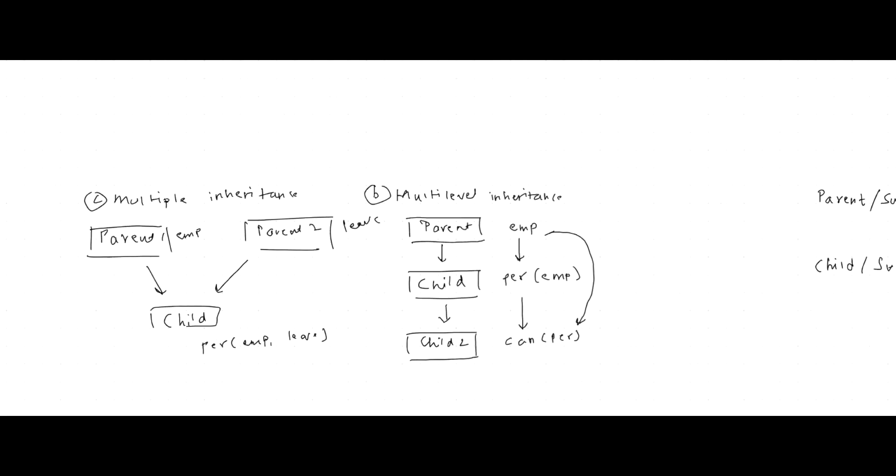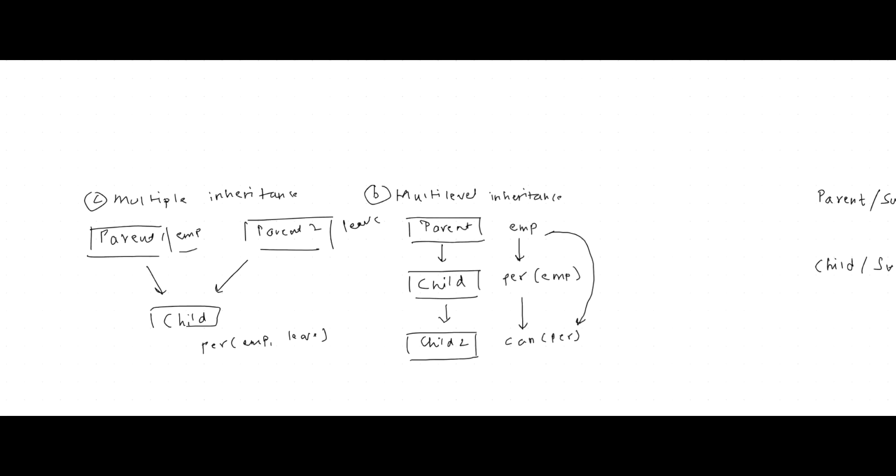But the only concept here that you need to understand is that if you are inheriting from a parent class, one or more, it does not matter. It means that the child class will have access to all the data members and the functions of your parent class. If you have more than one parent class at the same level, you will have access to both parent classes' data members and functions.